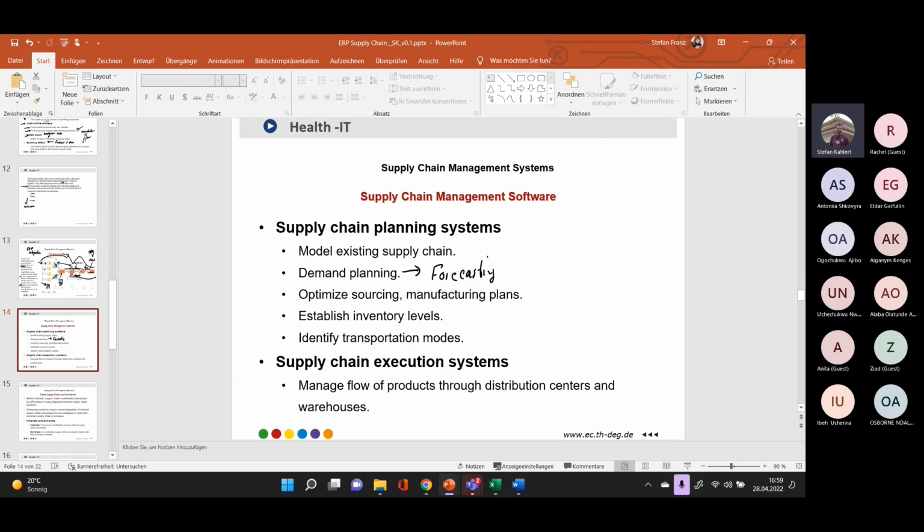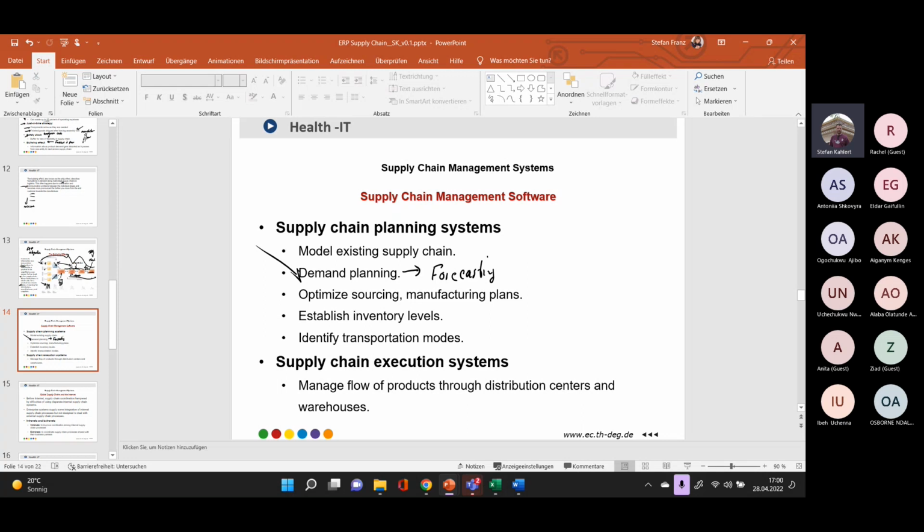And even if then the client draws back certain forecasted products, another client will increase and another client will decrease, but at the end of the day it somehow levels out. So forecasting is by far the most important part, and if it's done properly, you can avoid bullwhip effects or low or high inventory levels which cost additional money.